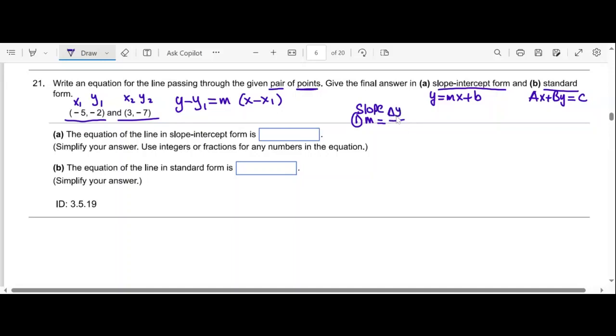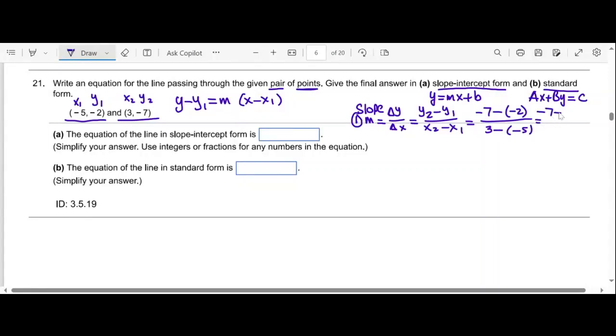So let's find m, which is the slope. The slope is delta y over delta x, which equals y2 minus y1 over x2 minus x1. So how much is y2? Negative 7. How much is y1? Negative 2. How much is x2? 3. How much is x1? Negative 5.